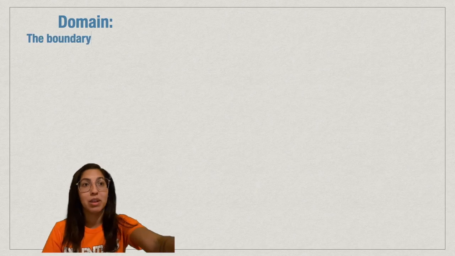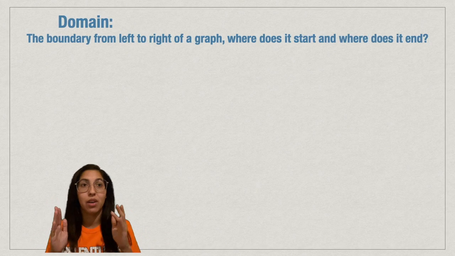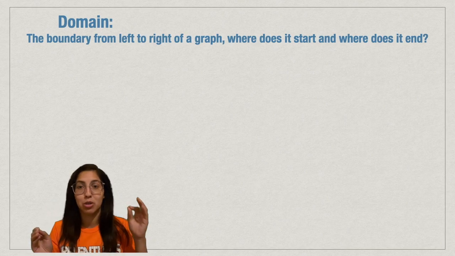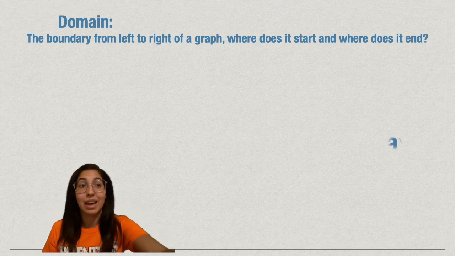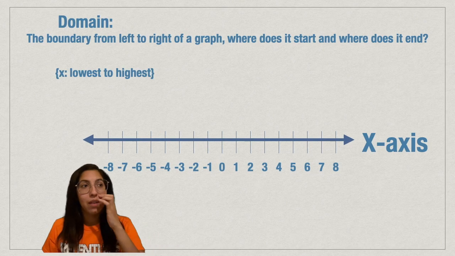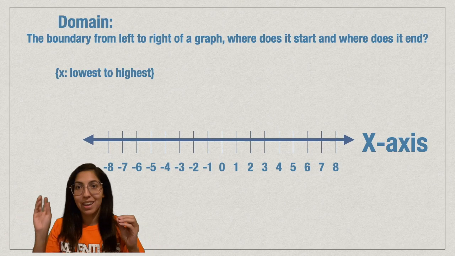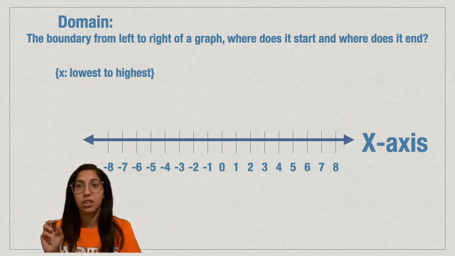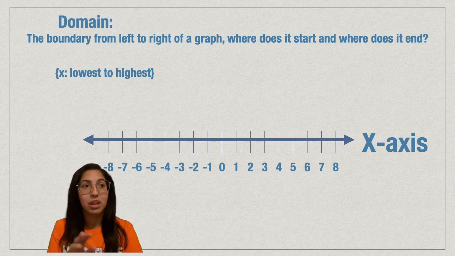This is the boundary from left to right of the graph. So where does it start? Where does it end? What is my most negative to my most positive point on the x-axis? When we write that, notice we have a squiggly bracket, x, colon, and then lowest to highest, and I'll look at that more in a little bit.